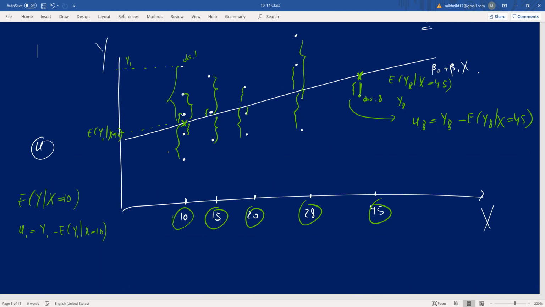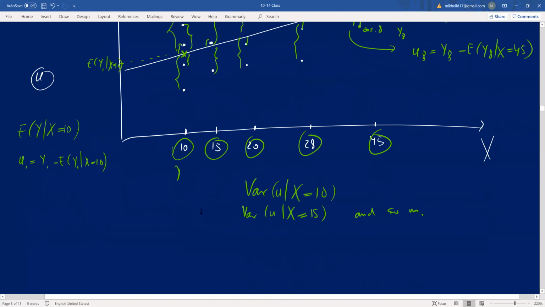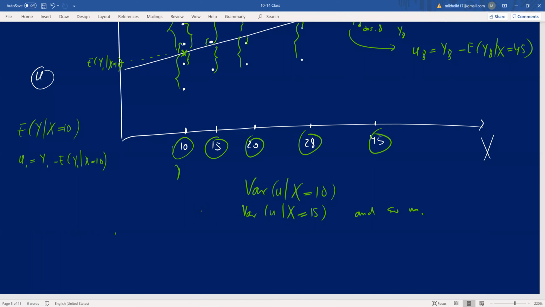So that's how you get variable or not constant variances. Would you expect that the variance of u conditional that x equals 10 is the same as the variance of u conditional that x equals 15 and so on? No. No, that is almost never true. And that's why we almost always have heteroscedastic u.